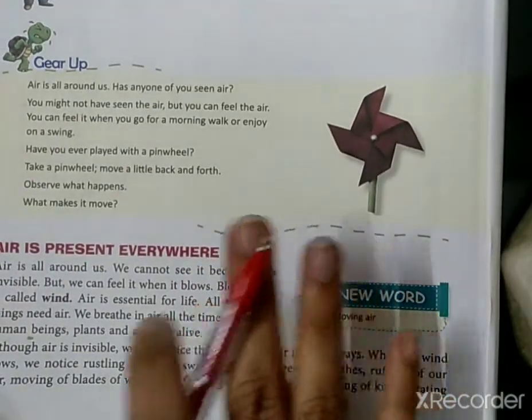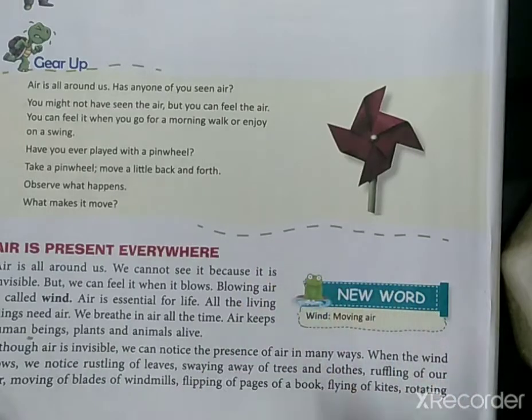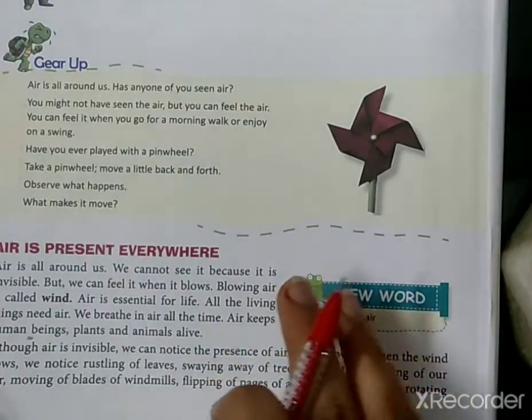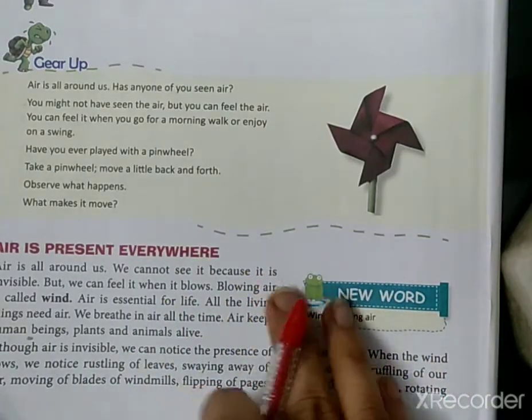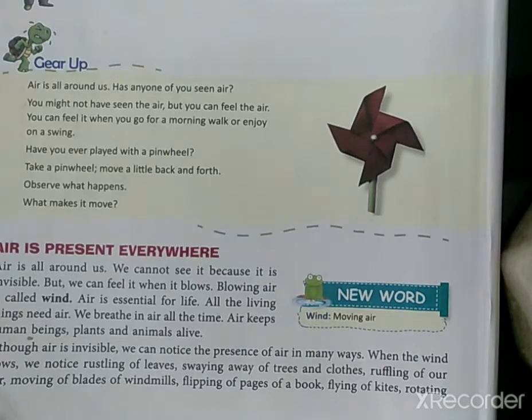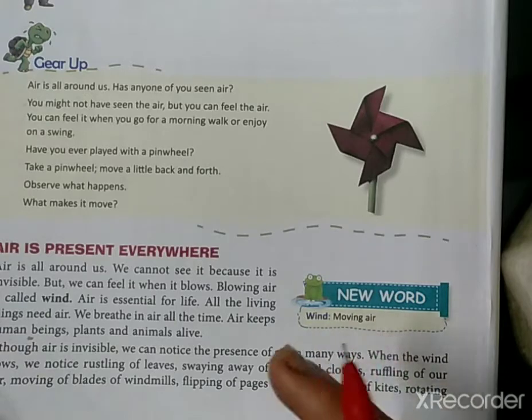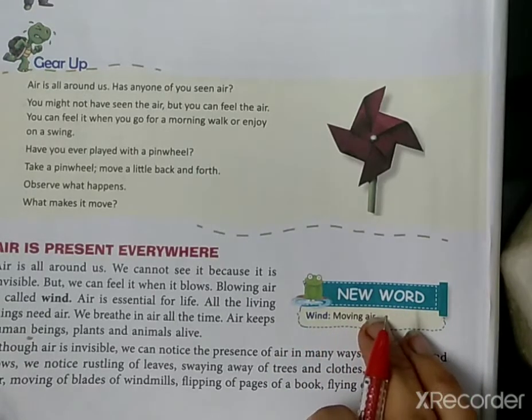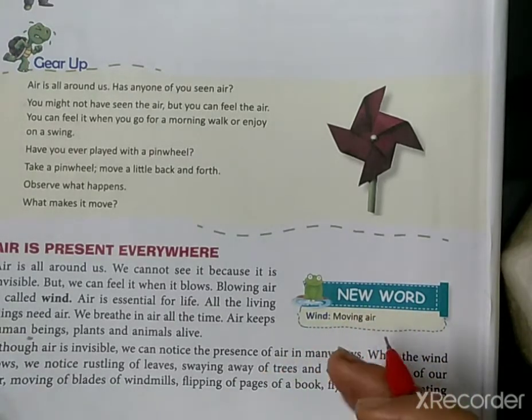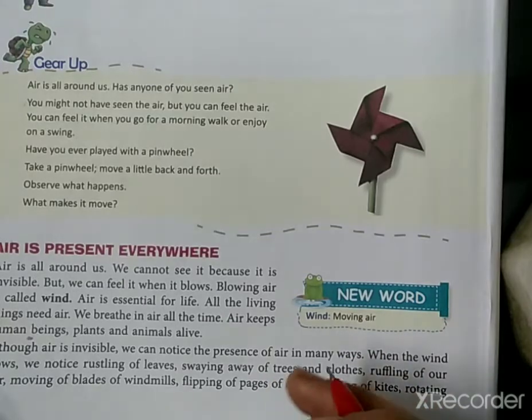Air is present everywhere. Let us suppose you keep an open book under a fan. Switch on the fan. You will see the pages of the book start fluttering. Similarly, if you keep a handkerchief under the moving fan, what will you observe?